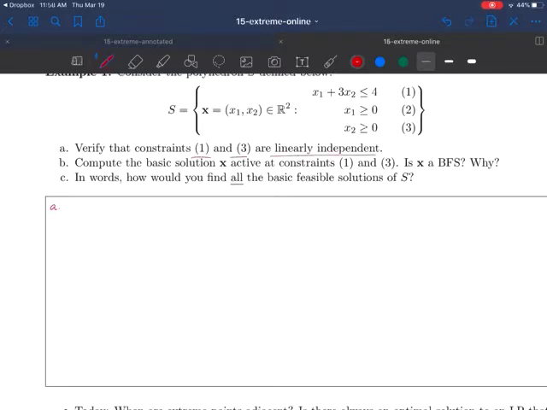So how do we do that? Well, we want to form the constraint matrix associated with 1 and 3, and we check its determinant. So the constraint matrix, remember, is coming from the coefficients. Here, remember the coefficients here are 1, 3, from the 1 times x1 plus 3 times x2.